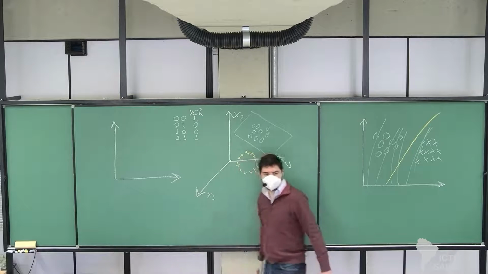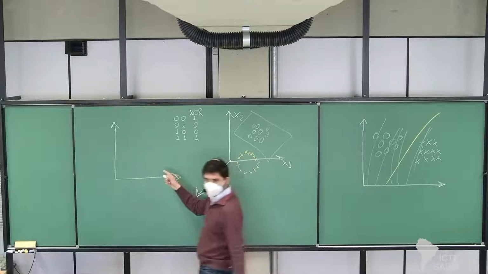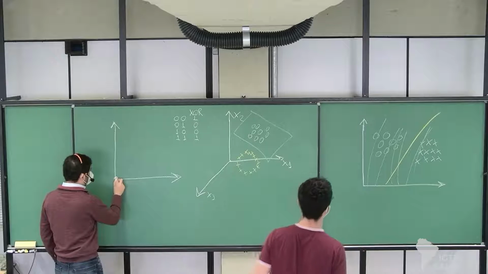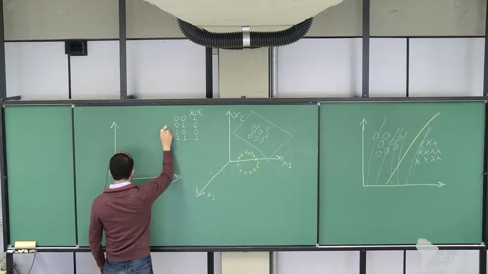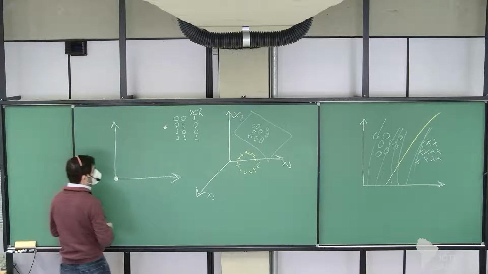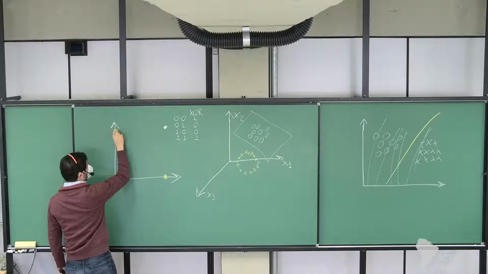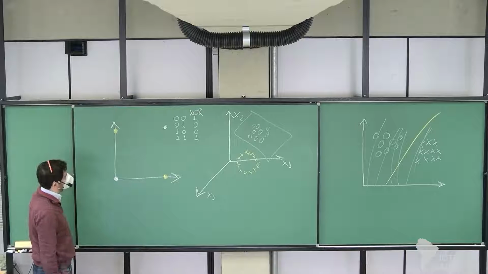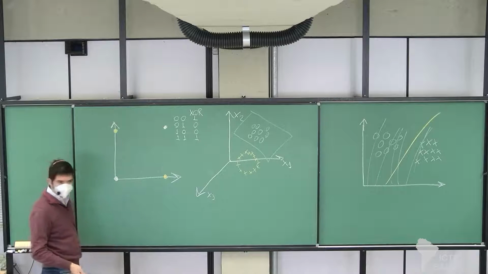Yeah, I think so. So if you get this data and plot it in a two-dimensional space, you're going to have a point here, another point here, then a point here, and another point here. It really doesn't matter for our explanation.